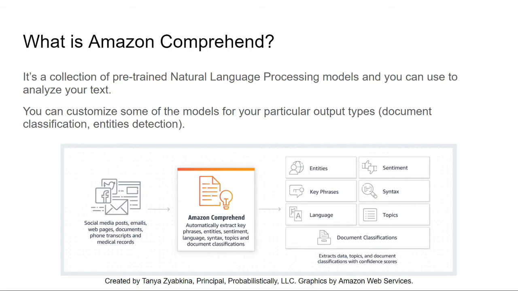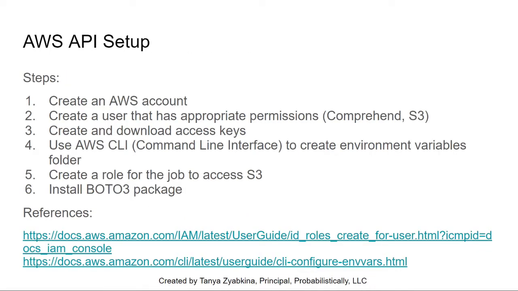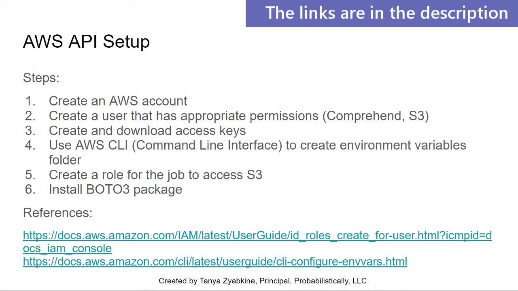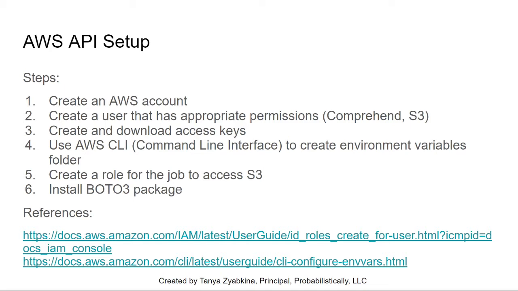Let's go over the process of getting access to Amazon Comprehend. So this is kind of the quick outline, and I have the very helpful Amazon guides in the description. The process involves you creating an AWS account, which is free for 1 year.